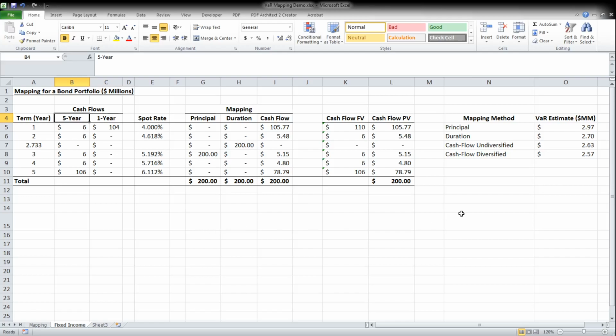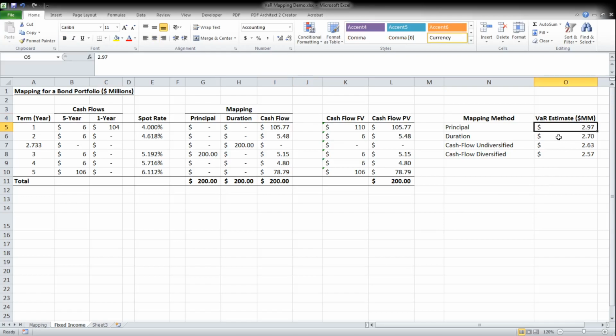So now, the accuracy of these three mapping methods, as I said before: principal mapping is the easiest one, but is the least accurate of the three, and the cash flow method is the most accurate, but also the most complicated of the three.